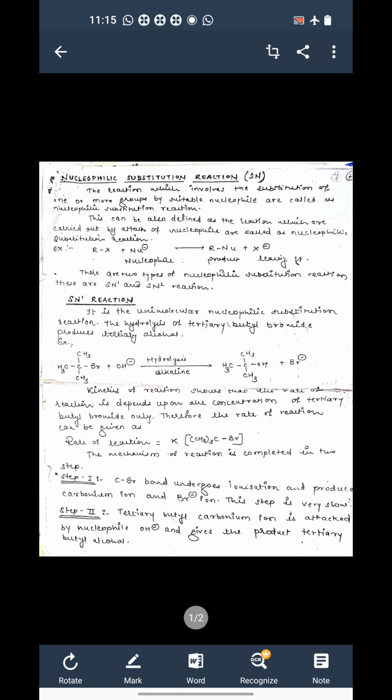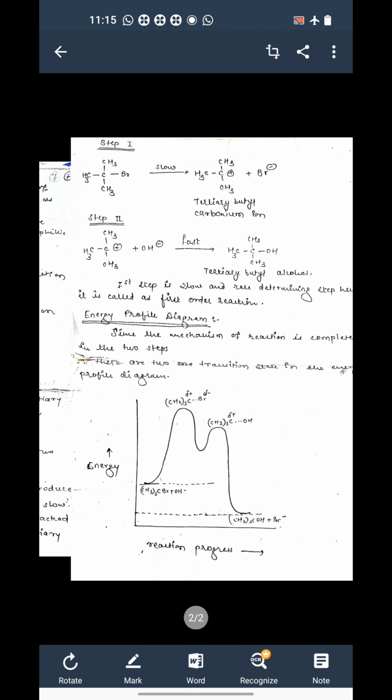In the second step, the tertiary butyl carbonium ion is attacked by the nucleophile OH minus, and gives the final product, tertiary butyl alcohol. So this SN1 reaction, especially hydrolysis of tertiary butyl bromide to tertiary butyl alcohol, is carried out in two steps as we said earlier.